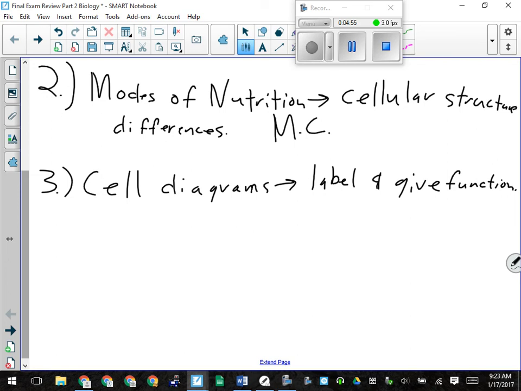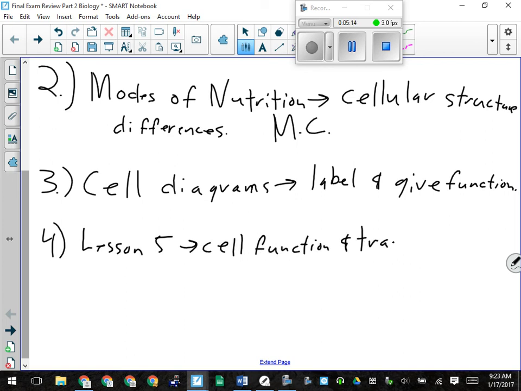And then with that giving the functions part, we talked about the function of the cell. We had that big long lesson, lesson 5, on cell function and transport.